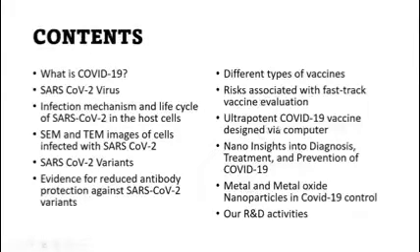Then an ultra-potent COVID-19 vaccine designed via computer, which is based on some nanotechnology, and nano insights into diagnosis, treatment, and prevention of COVID-19. Then metal and metal oxide nanoparticles in COVID-19 control. And finally, I will show you our R&D activities and what we have done in our capacity to actually control this infection.